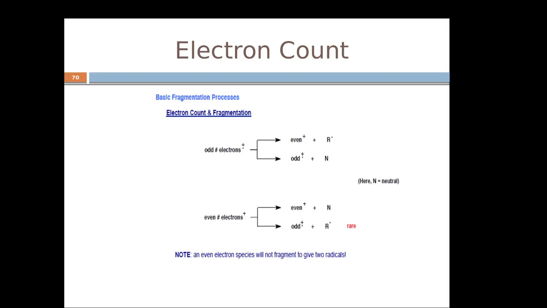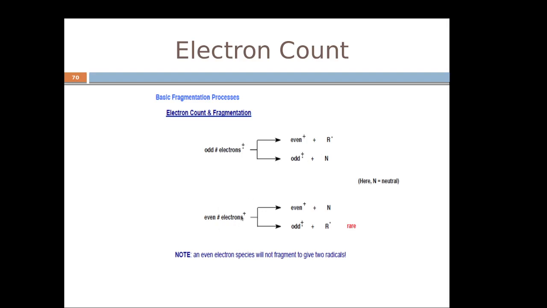If the molecular ionic species, M dot plus, is an odd electron ionic species, once it undergoes fragmentation, it can fragment in two ways. This odd electron molecular ionic species can split to form an even electron cation and a radical, or it can split into an odd electron radical cation and a neutral species, a neutral atom, molecule, or fragment.